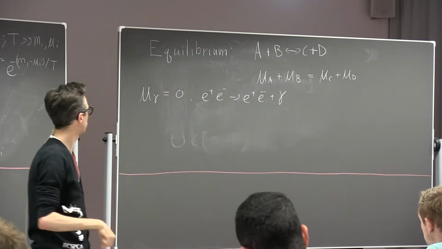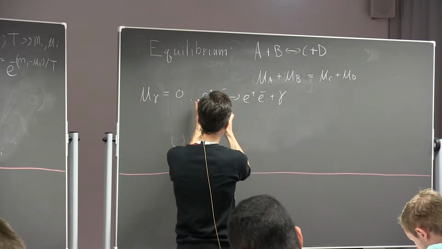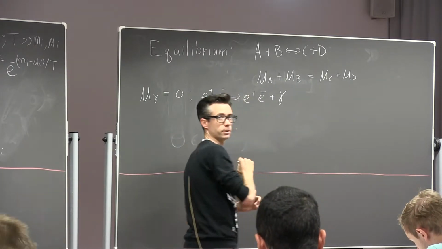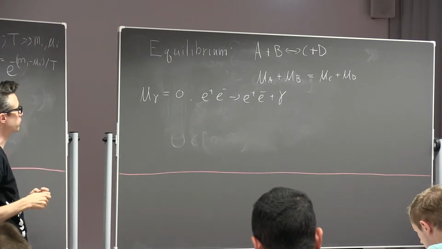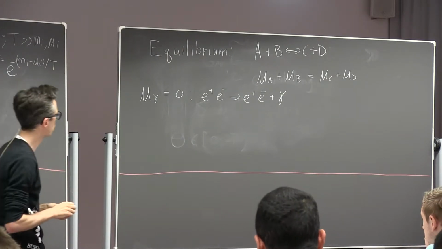So if I write down chemical potentials for e+, e-, and e+, e-, and photon, here I have mu_e+ plus mu_e-, here I have mu_e+ plus mu_e- plus mu_gamma, and that forces mu_gamma to be 0. Similarly, if everything's in full equilibrium, I also have 0 chemical potentials for gluons and other vector bosons.